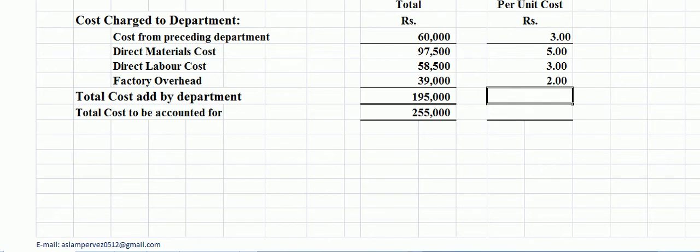Now students, these are the per unit costs against direct material cost, direct labor cost and factory overhead cost.